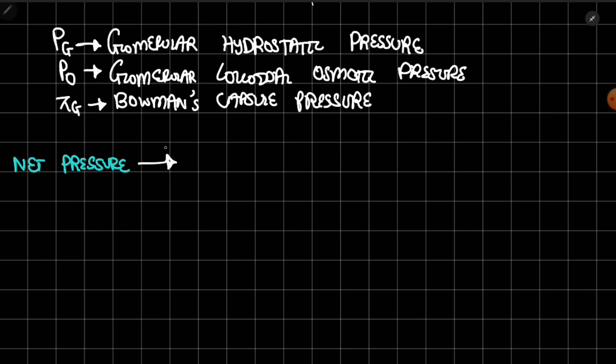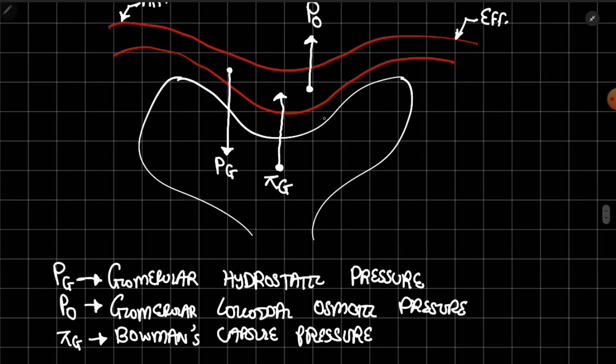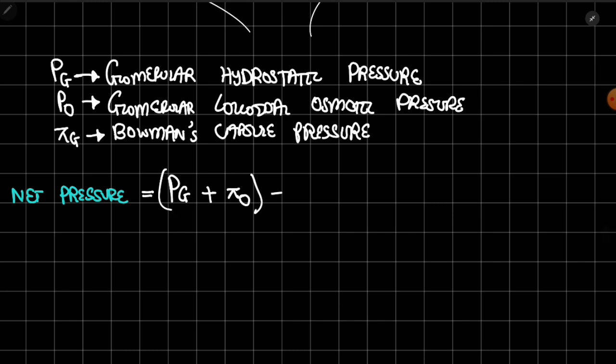The net pressure is equal to PG, the glomerular hydrostatic pressure, plus the Bowman's capsule colloidal osmotic pressure, but since proteins are not present, the value will be 0. Then minus the glomerular colloidal osmotic pressure, and in the bracket plus the Bowman's capsule pressure. The value of the glomerular hydrostatic pressure is 60. The Bowman's capsule colloidal osmotic pressure is 0 as proteins are absent.